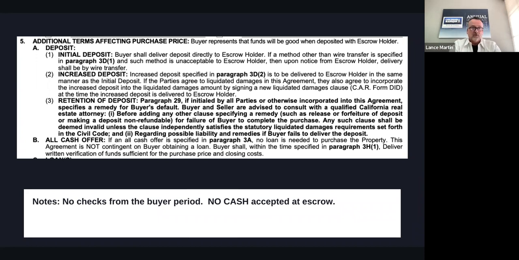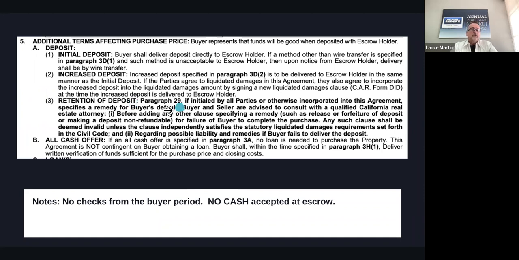This escrow is not going to close. So paragraph 5A3 talks about the retention of the deposit. And then it refers us to paragraph 29, which is later on in the contract. I don't know if we're going to get there today, but if we don't get to paragraph 29 today, we'll certainly be there and we'll be finishing the RPA at the next session. But it refers to paragraph 29.